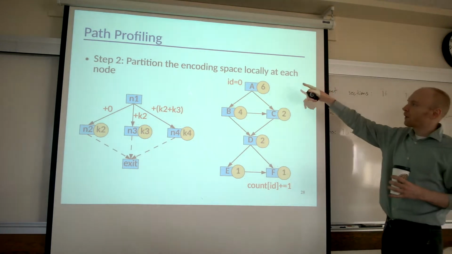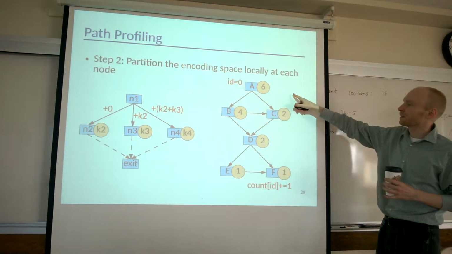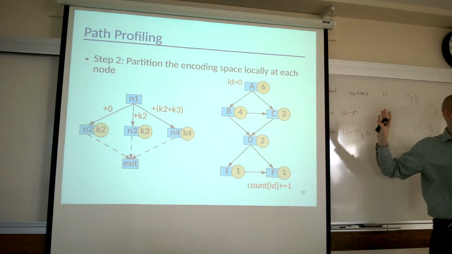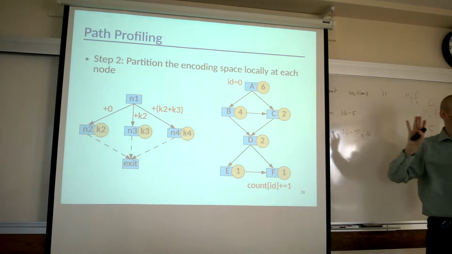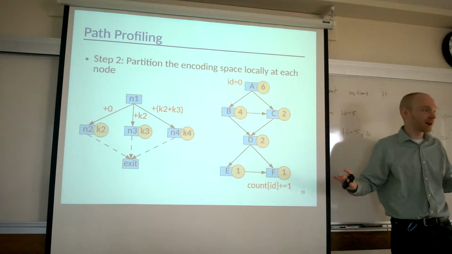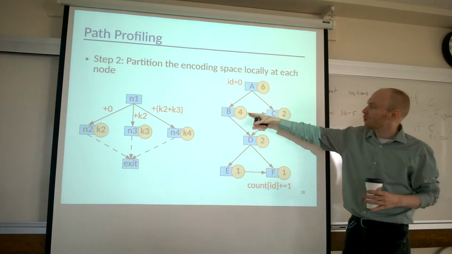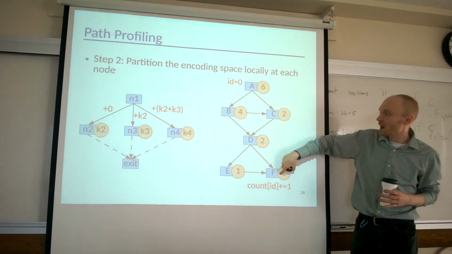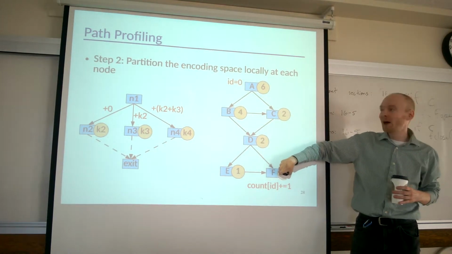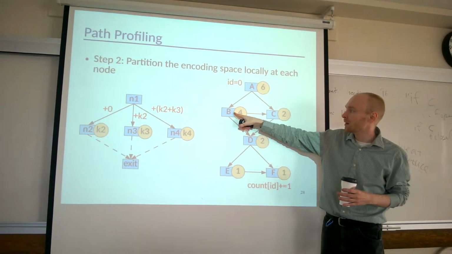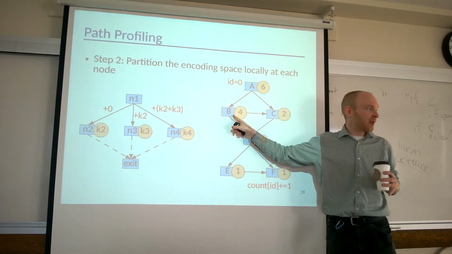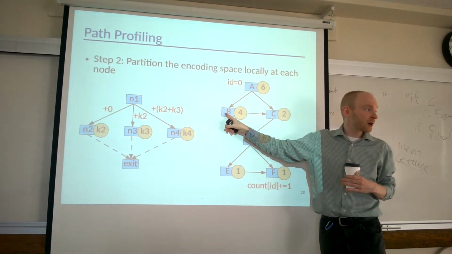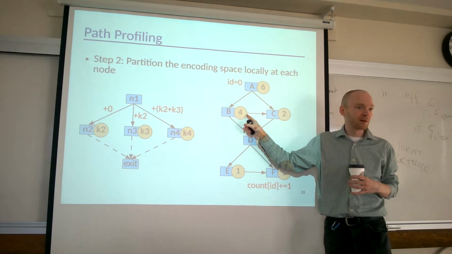And then what we do is partition the encoding space locally at each node based on these numbers. That sounds complex. It's not as complex as it sounds, right? Because there are 4 paths from B to F, we know that any path that starts with AB can fit within the space, the number of IDs, starting at 0 and less than 4, right?